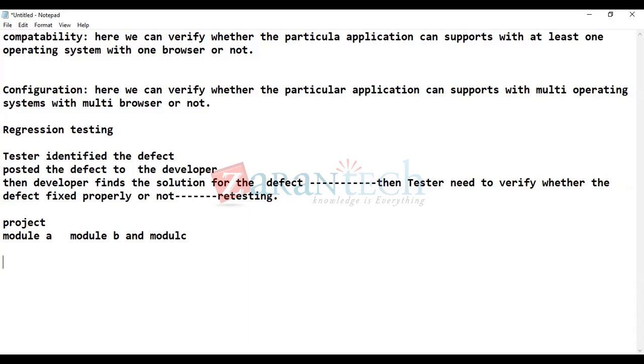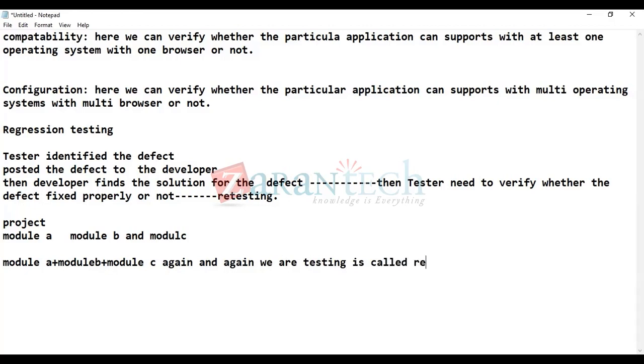Then what is regression testing? We integrate module A plus module B plus module C, and again we are testing. It's called regression.